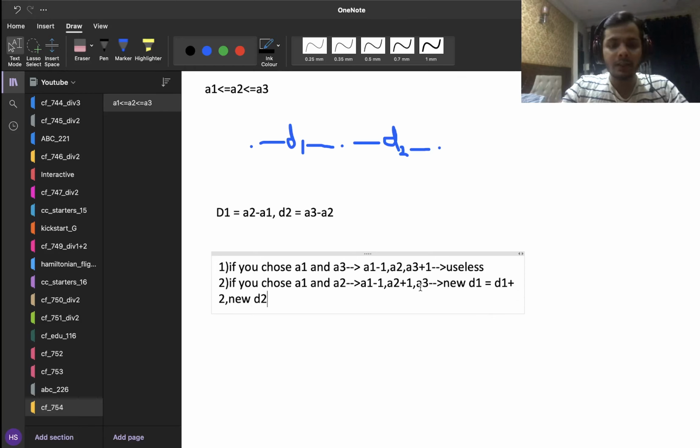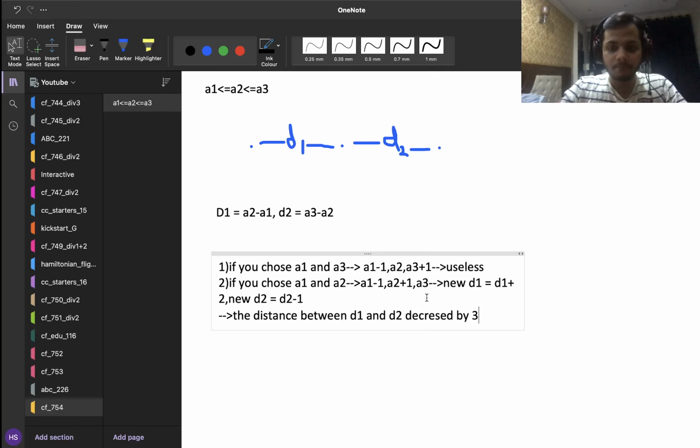Similarly, the new d2 is equal to the previous d2 minus 1, because now it is a3 minus a2 minus 1. So d1 increased by 2 and d2 decreased by 1. Essentially, the distance between d1 and d2 decreased by 3, because d1 is increasing and d2 is decreasing.